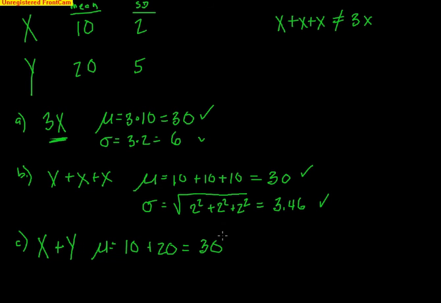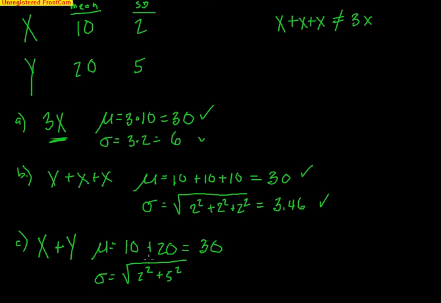What about the standard deviation? I can't add standard deviation, so please don't just say 5 plus 2 is 7. You have to add the variance. So I'm going to do 2 squared for x, that's the variance for x, plus 5 squared, that's the variance for y. I'm going to add the variance, and then I have to take the square root to get back to a standard deviation.